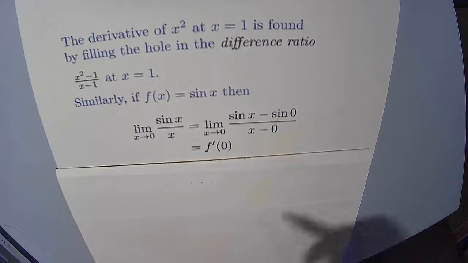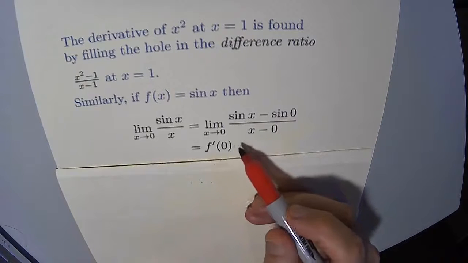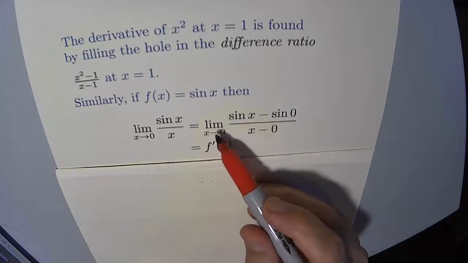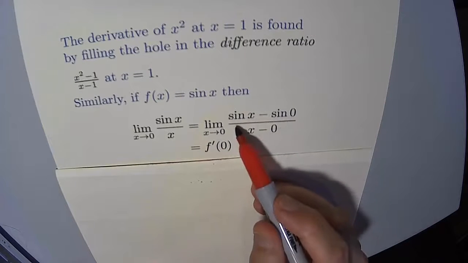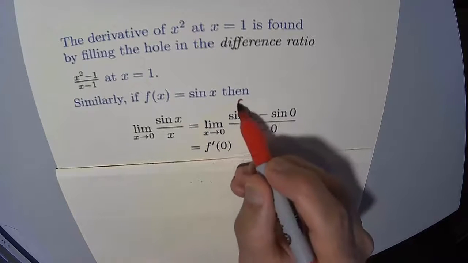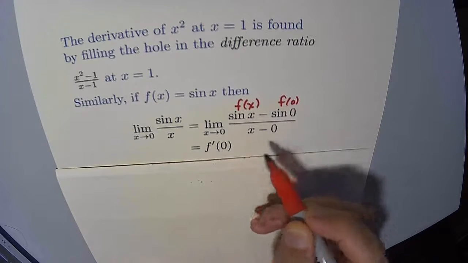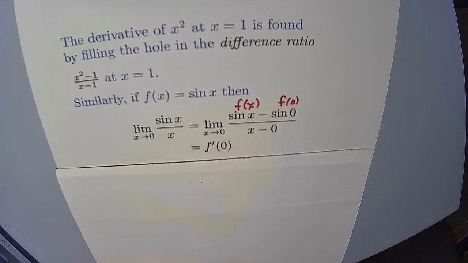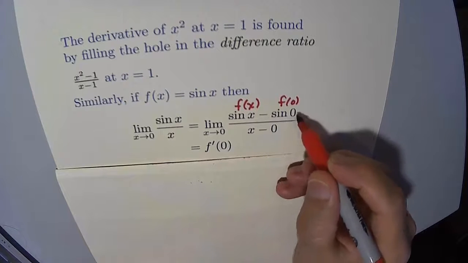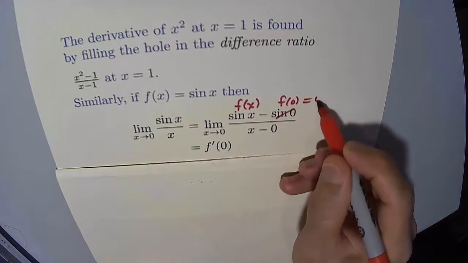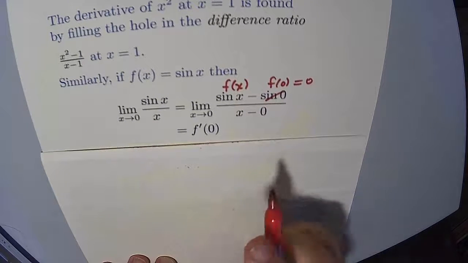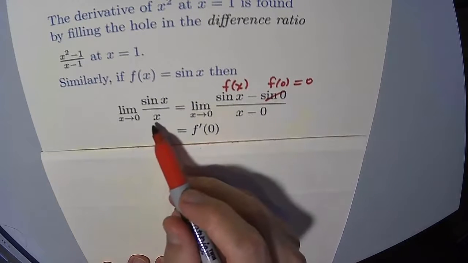Derivative of f at x equal to 0, f prime of 0, is given by this expression, sine of x minus sine of 0, that's f of x minus f of 0 divided by x minus 0. But since sine of 0 is 0, this reduces to this.